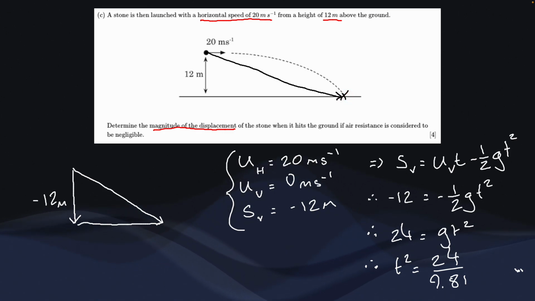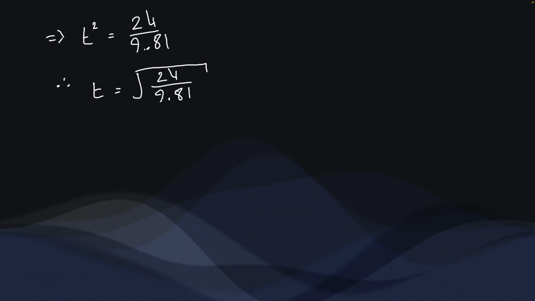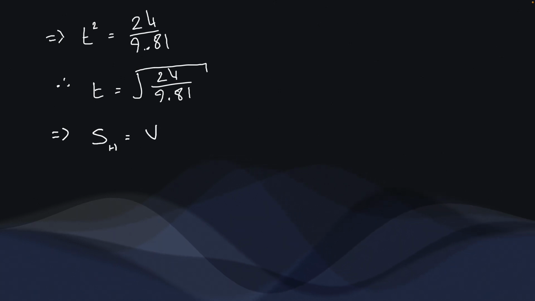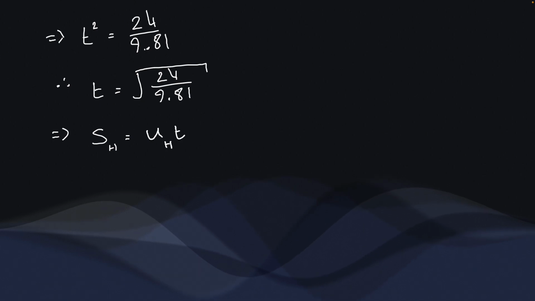With that, we can now find S of H. Because remember, if air resistance is ignored, the horizontal velocity stays constant, and they give us the horizontal speed is 20 meters per second. So we know that S of H is equal to U of H multiplied by the time.